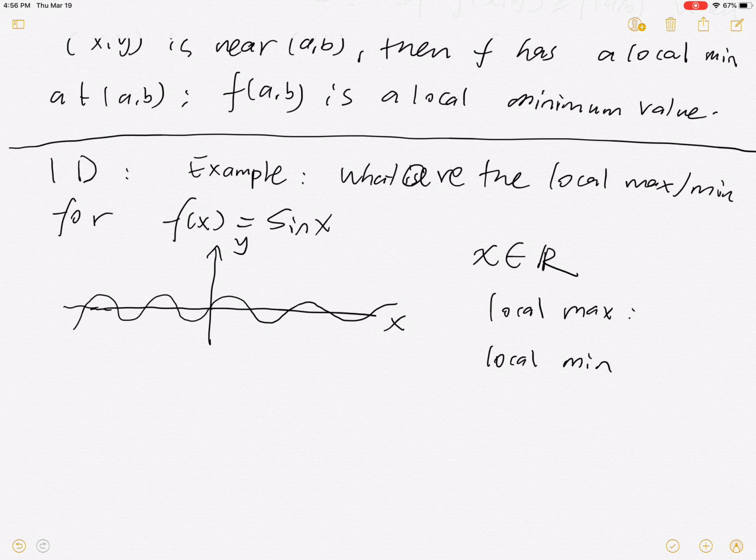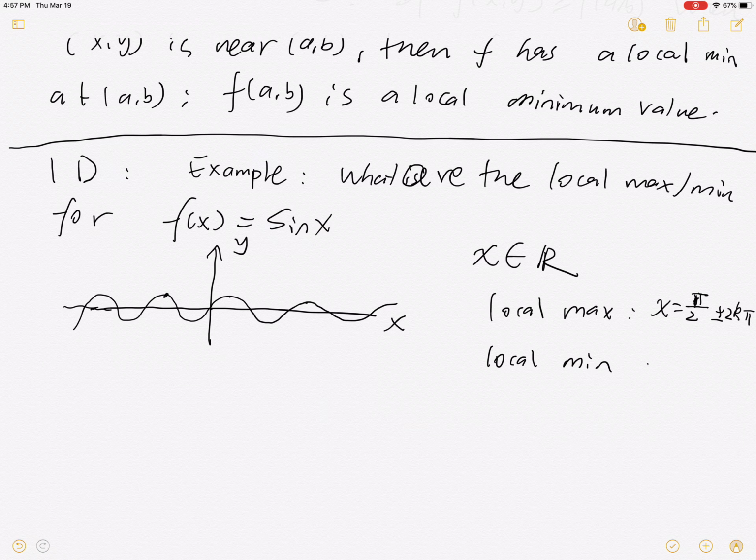If you look at the graph, this point, this point, this point will be local maximums. So x equals pi over 2 plus or minus 2k pi.